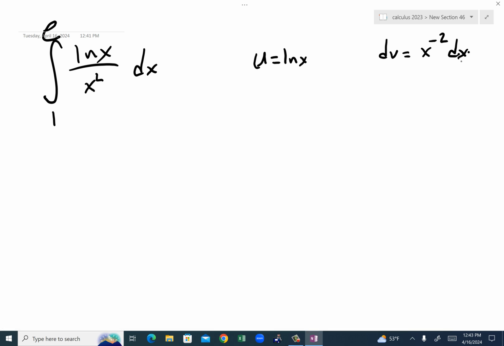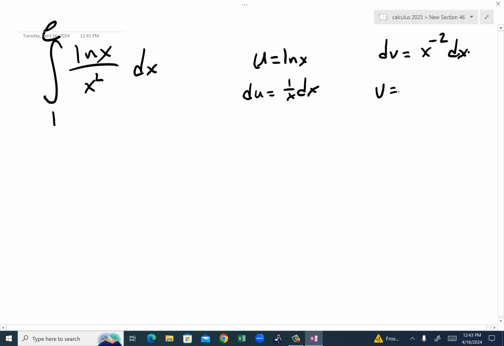Was just checking you. See if you're paying attention. You got me. Now what? I'm confused. Where are we going? Well, du is 1 over x. Whoa, whoa, whoa.